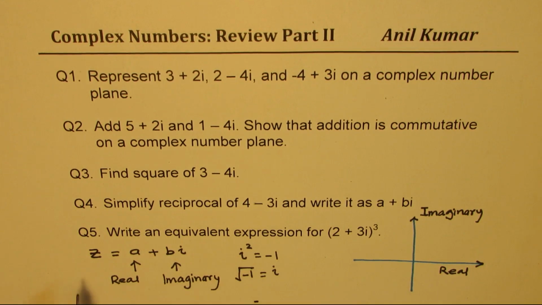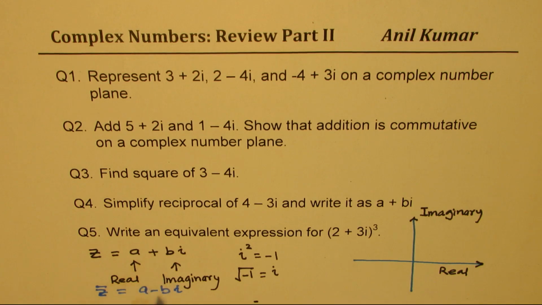Also, one more thing we should talk about is the conjugate. The conjugate is written with a bar on top of z, and a minus bi will be the conjugate of z, right?